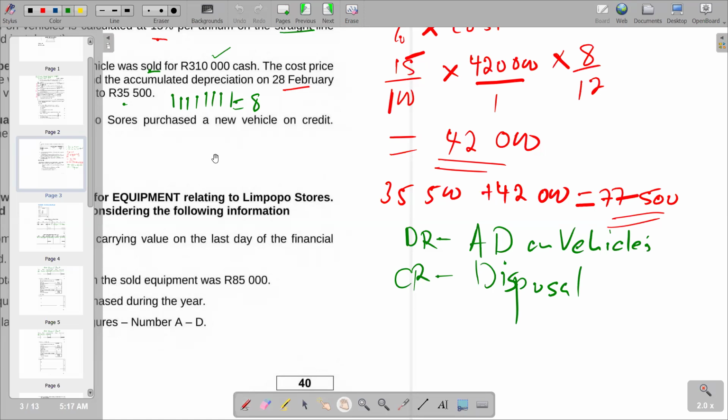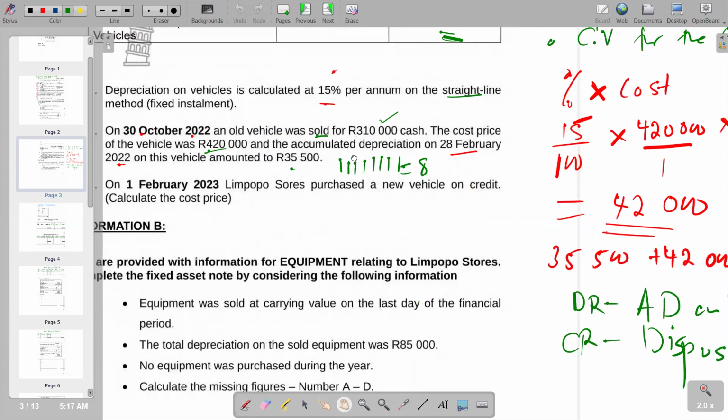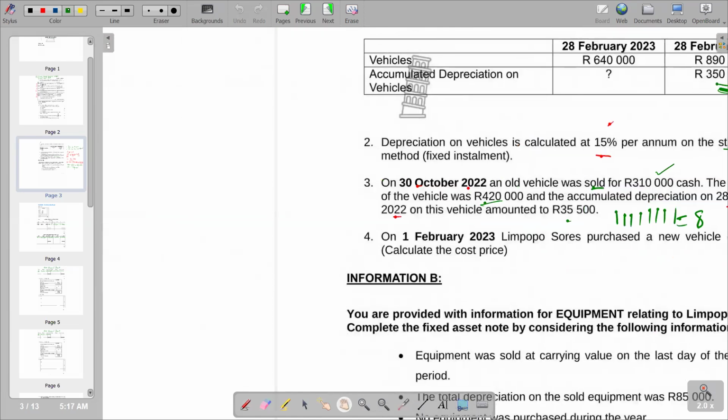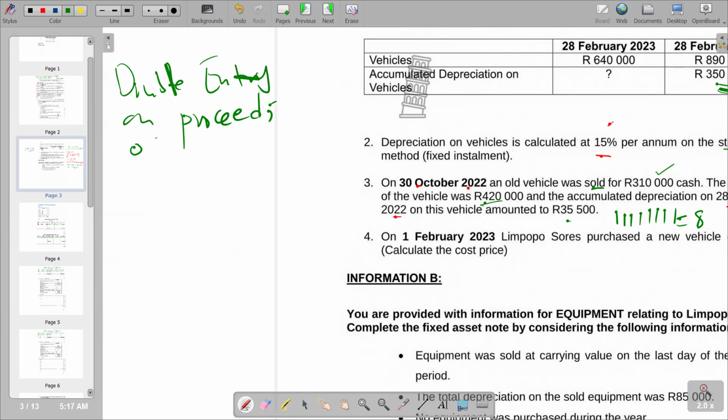Remember it was sold for cash, 310,000. So we also have to put down the double entry on proceeds of disposal. That is, when we are disposing the asset, what is the double entry that we are supposed to effect?